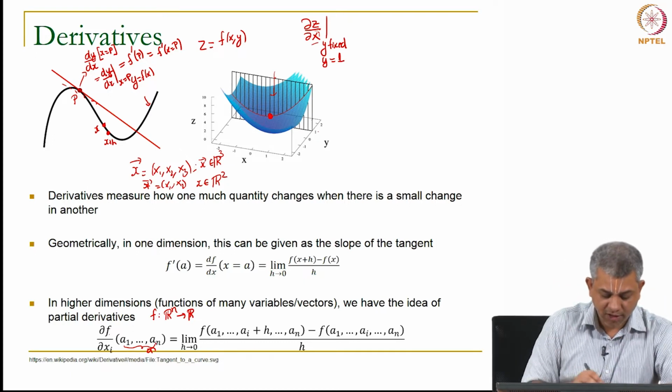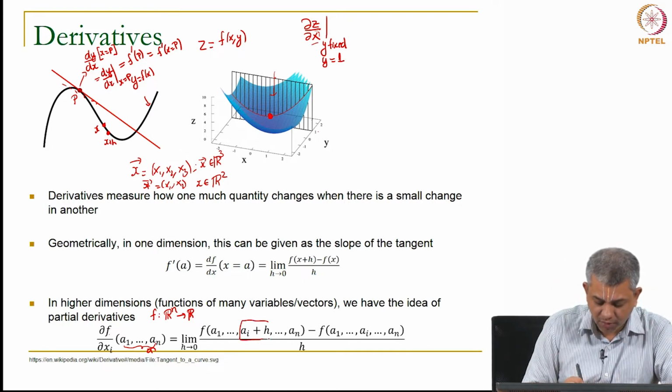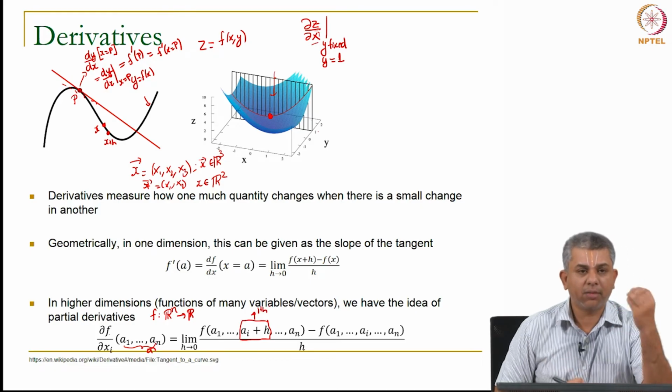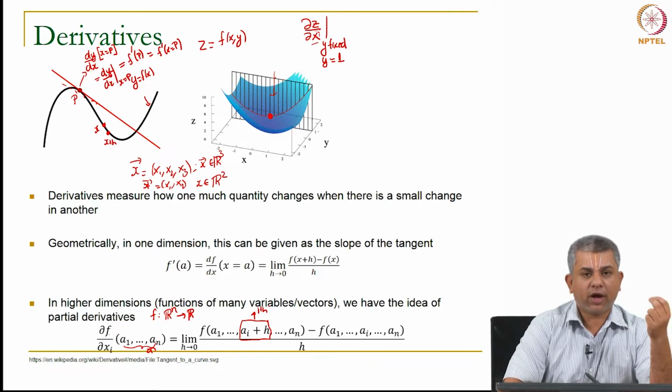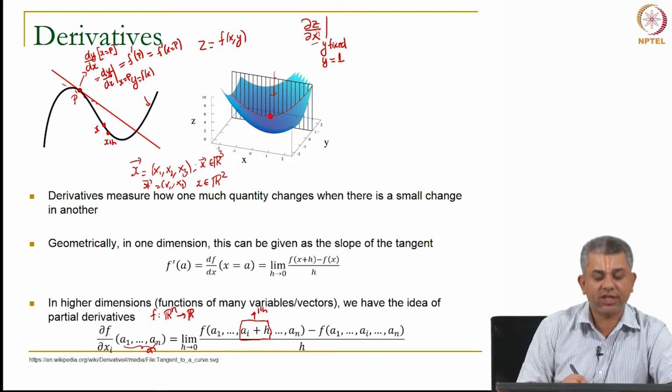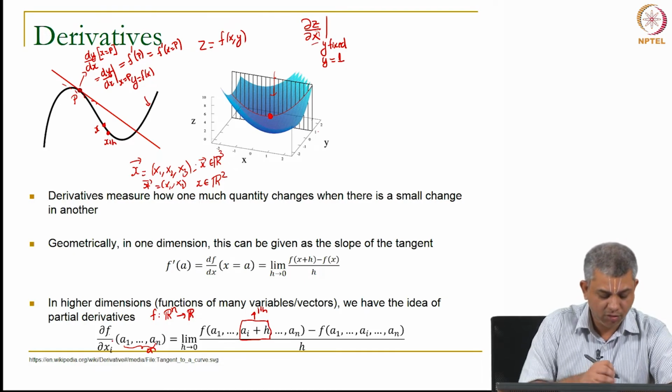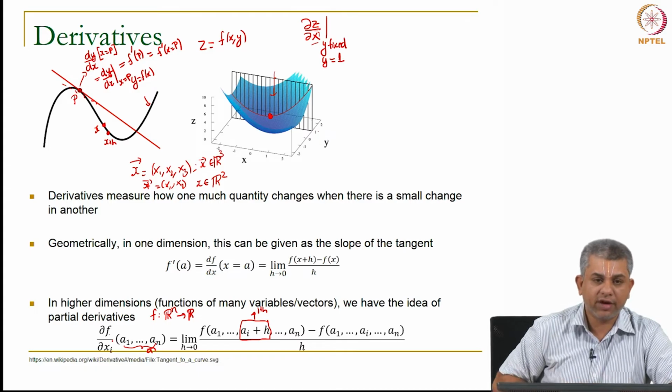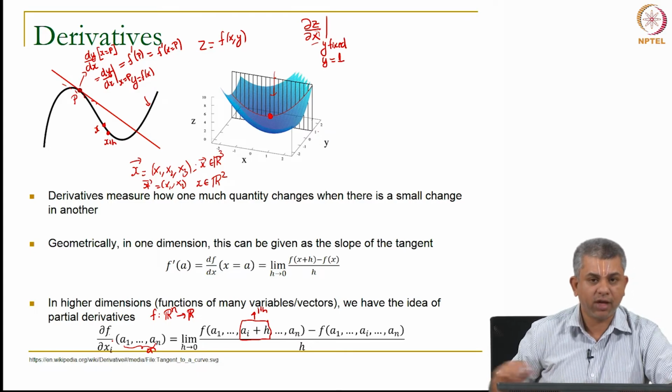So, in this case for example, I change only the ith variable. I perturb it by a little bit. So, I do a i goes to a i plus h and then find out how much does the function change when I just change this variable, and that limit as h tends to 0 is what is called the partial derivative of f with respect to the variable x i.